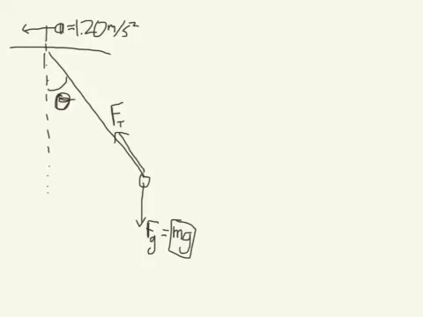And what that means is that since there's a gravitational force acting downward on the ball, the vertical component of the tension must exactly counteract the gravitational force. So this vertical component of the Ft, the force of tension vector, must be equal in magnitude to the force of gravity vector, but in the opposite direction. So we'll go ahead and call that vertical component of Ft mg, but upwards.